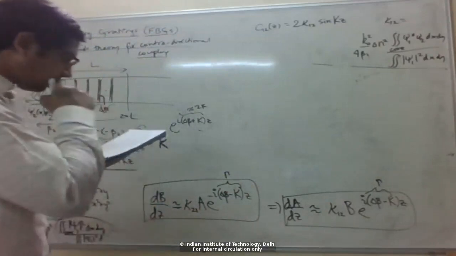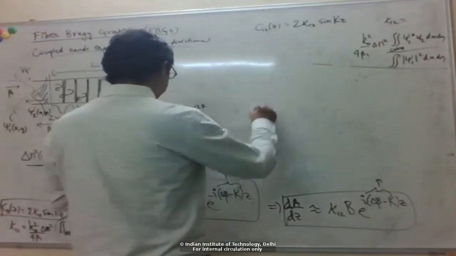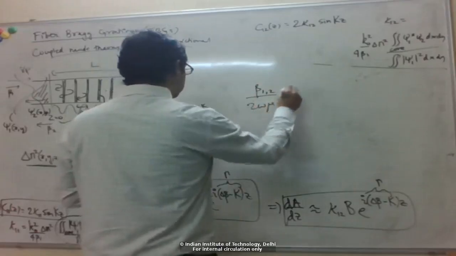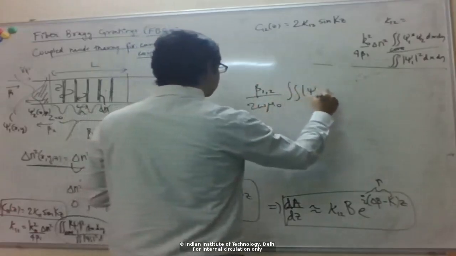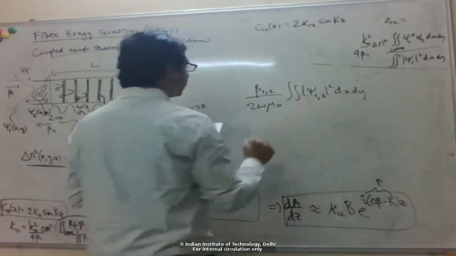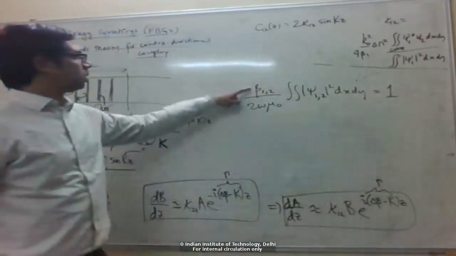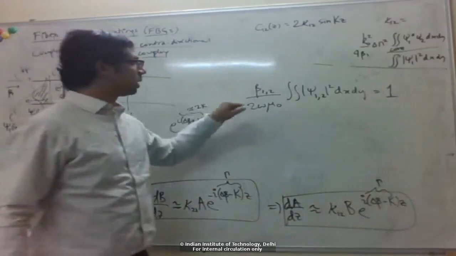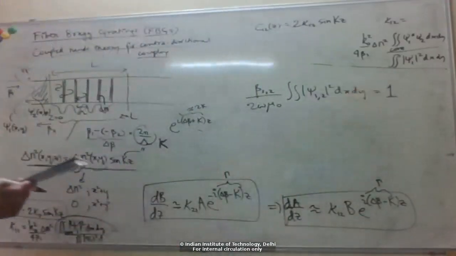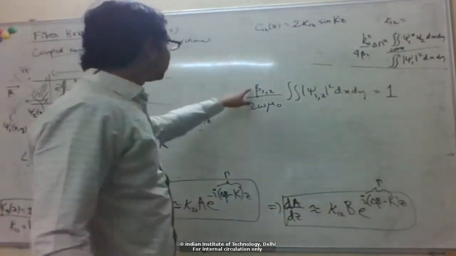Right, and so typically we normalize the modes such that they carry unit power. Basically, these mode functions psi are normalized such that if we integrate mod psi square over the cross section with this constant beta over 2 omega mu naught, we get 1. Right, again, maybe some of you remember that.